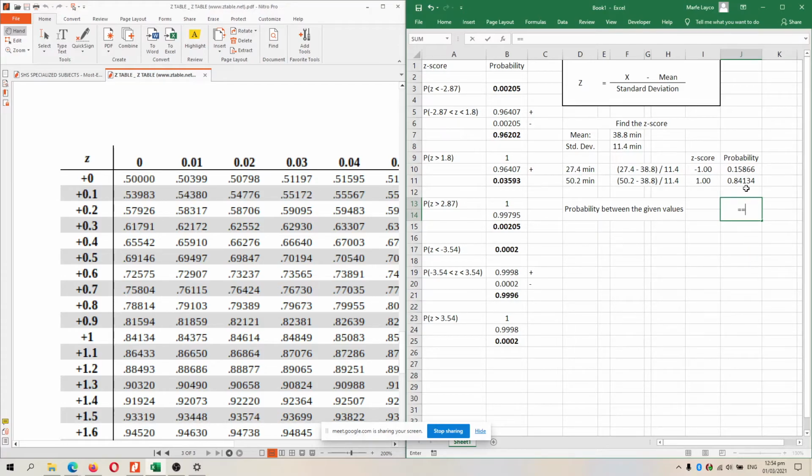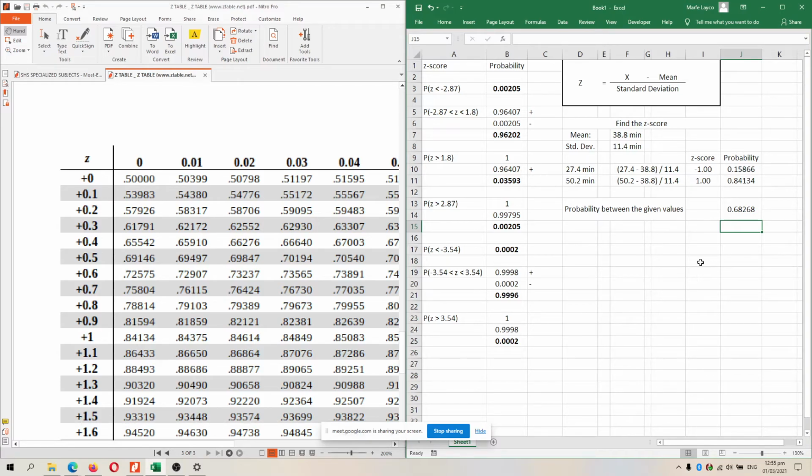So, that is 0.84134 minus 0.15866. So, ang probability natin between the values, that is 0.68268. Ayan. So, ganyan yung nahanap.